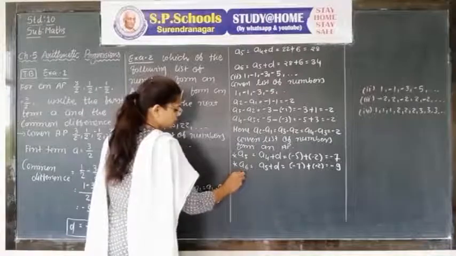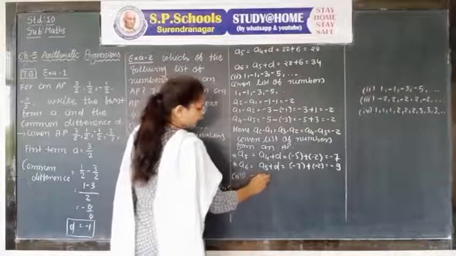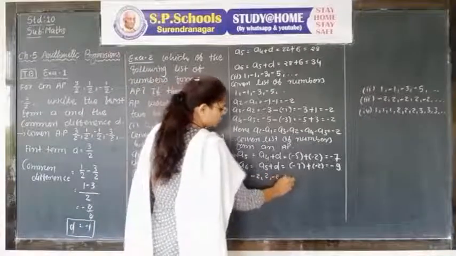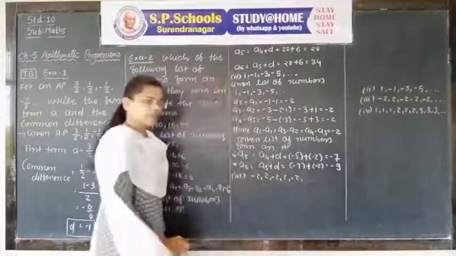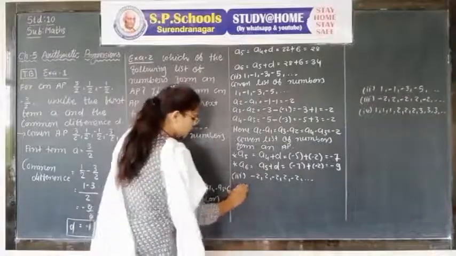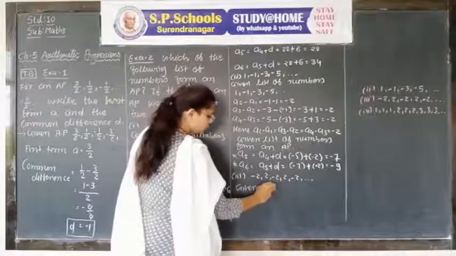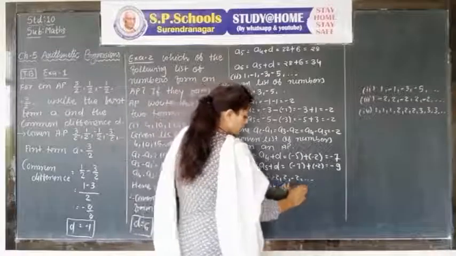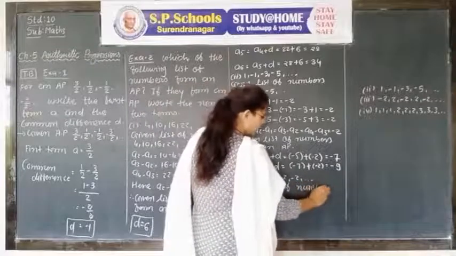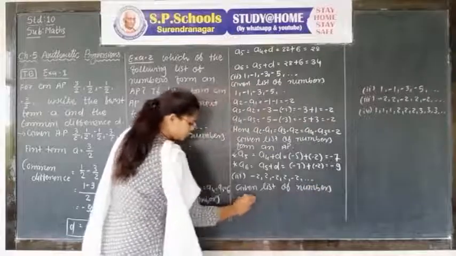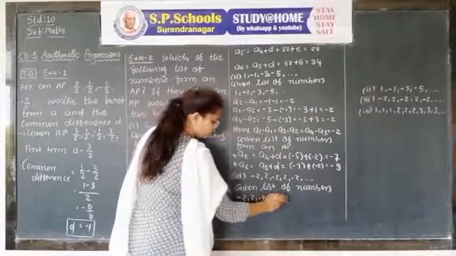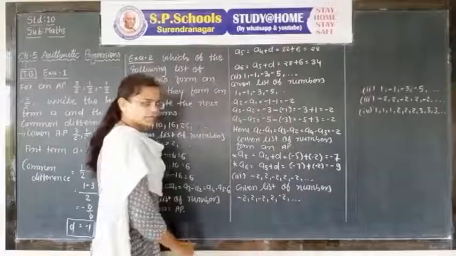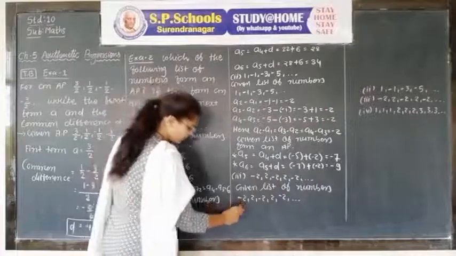The third one. Third list of numbers: minus 2, 2, minus 2, 2, minus 2 up to infinity. First write the given list of numbers. Find the difference of the consecutive terms.